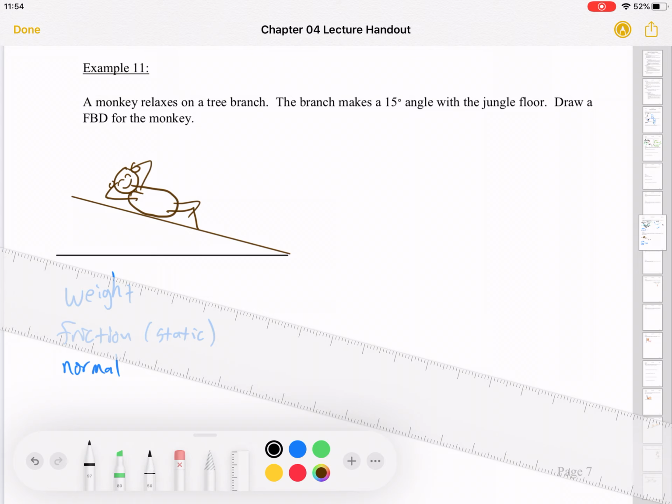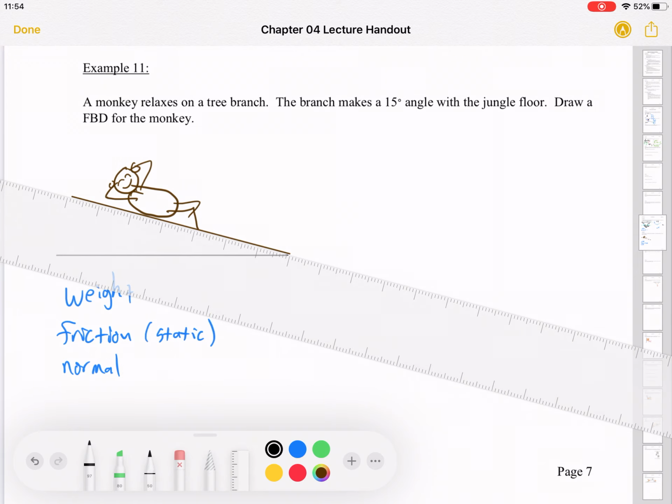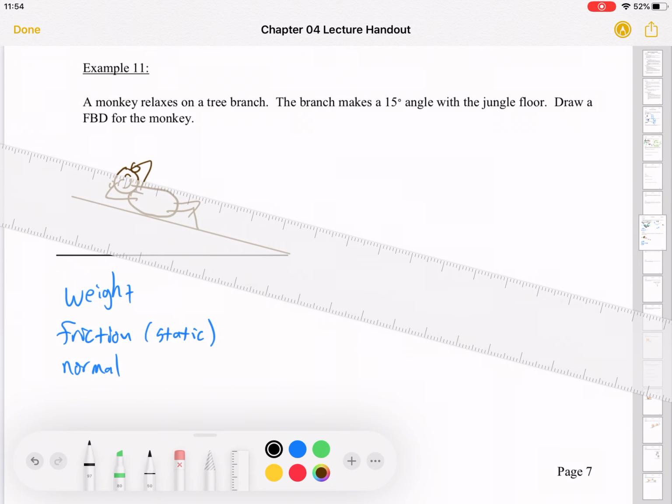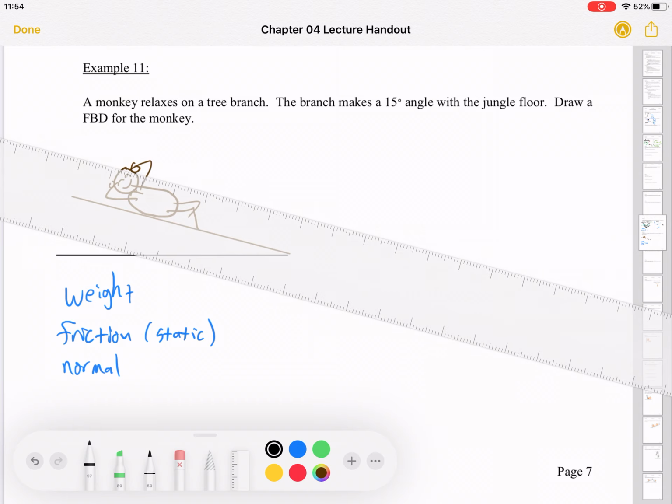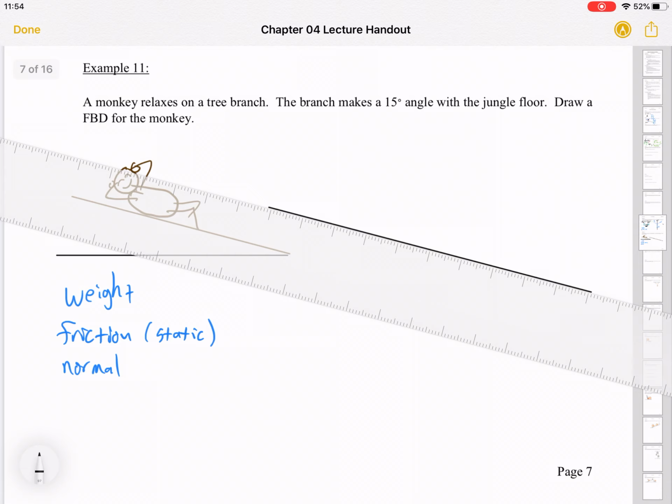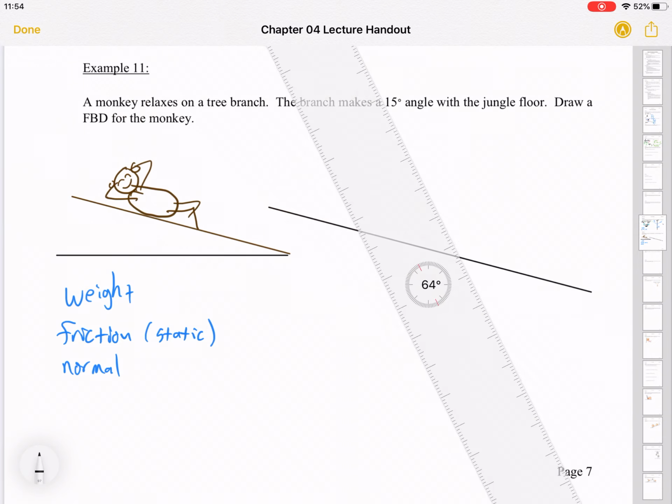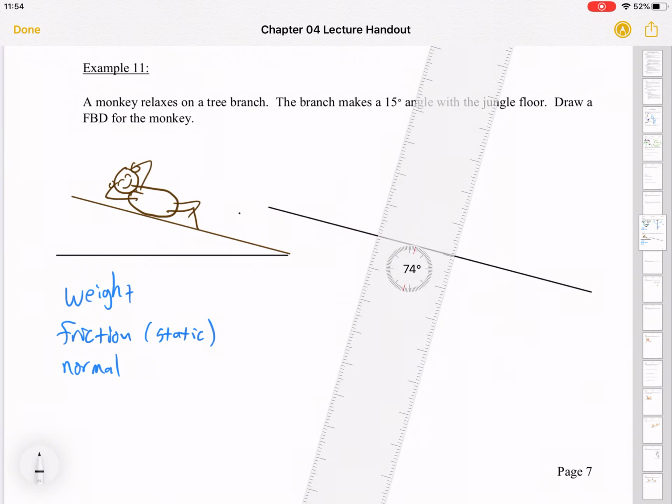So let's draw some axes. Our x-axis here is at 15 degrees to the horizontal. And then the other axis here is going to be 75, it looks like.